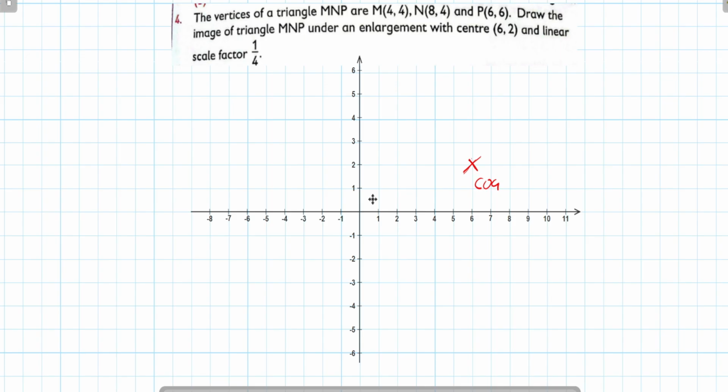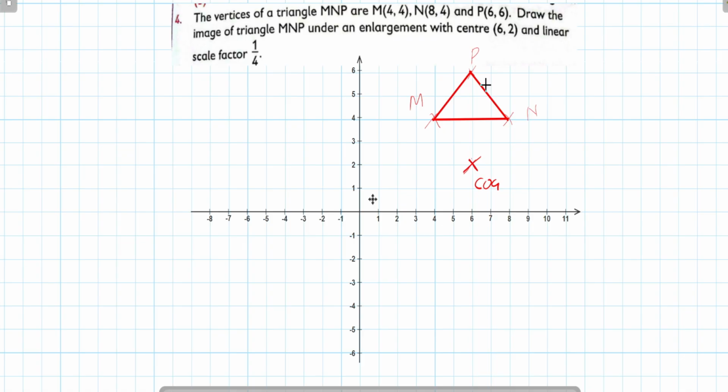M and P, M ni 4,4, so 4,4 is here, so this is M. N is 8,4, 8,4 is around here, that is N. And P is 6,6, 6,6 here, so let's connect it. MN to NP to MP.